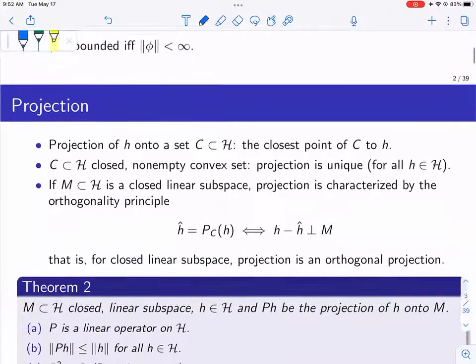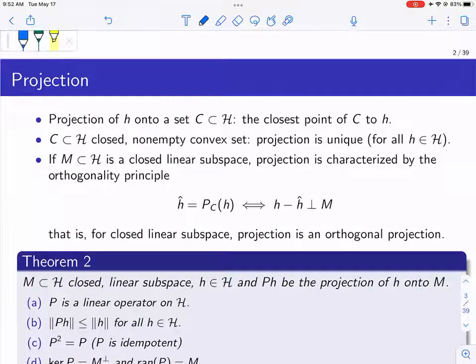So the next idea is the idea of projection. If you have a set C, the projection of an element H in the Hilbert space onto the set C is the closest point of C to H. So it's basically the point that minimizes this.